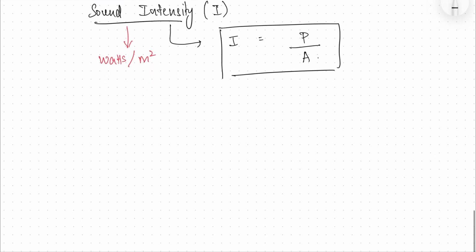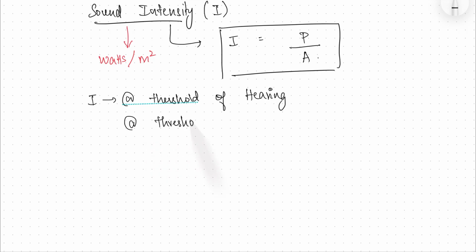Now there are two reference values here: the sound intensity at the threshold of hearing and the sound intensity at the threshold of pain.